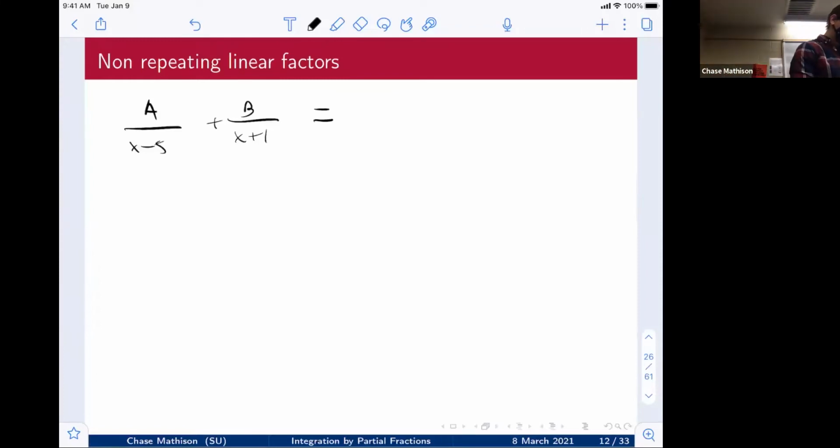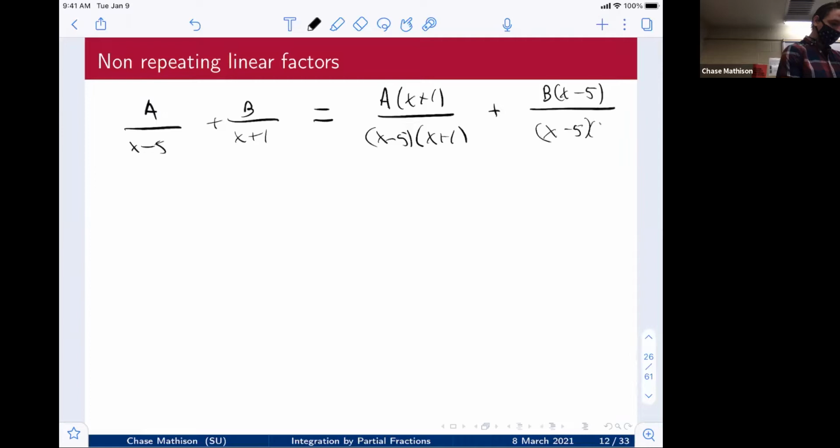So I could multiply top and bottom of the first term by x plus 1, and I would multiply top and bottom of the second term by x minus 5: B times x minus 5 over x minus 5 times x plus 1. And when I do that, I end up with A times x plus 1 plus B times x minus 5 over x squared minus 4x minus 5.